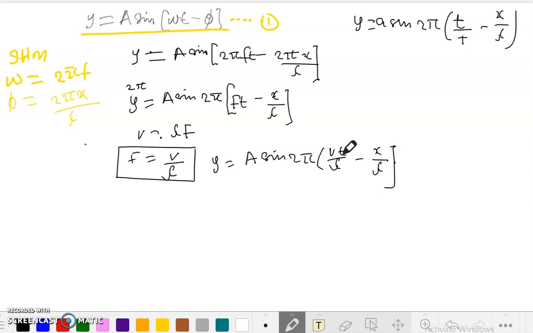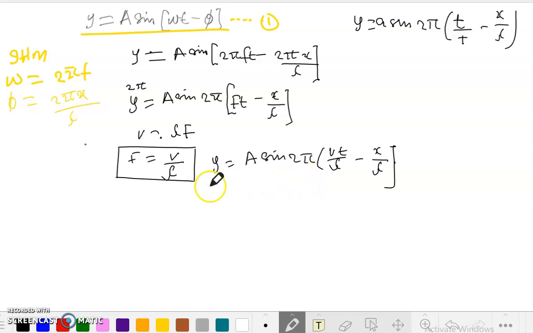At this point, we know that we can actually factor out something else. We have a sine 2 pi vt over lambda minus x over lambda. We can factor out lambda if we want.